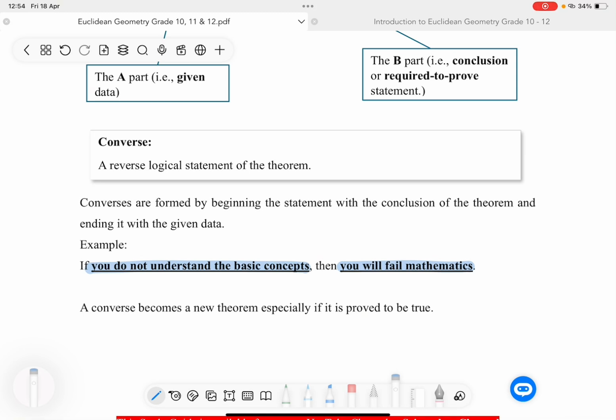Now, the important thing to notice is that if this converse is proved to be true, it becomes a new theorem on its own, even though it's a reverse of the original theorem. However, it is not always the case that converses can be proved to be true. So some theorems will never have converses.